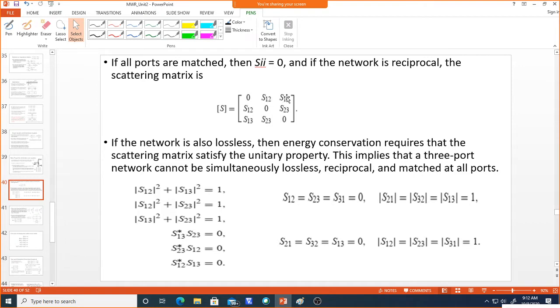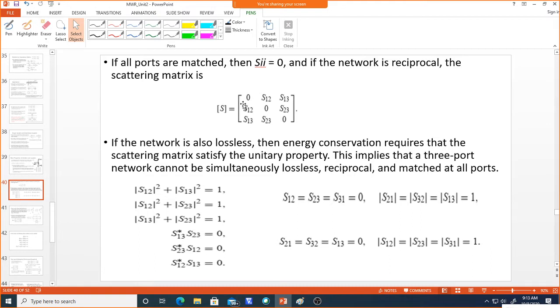If you multiply the third and second column, S12 star into S13 should be equal to 0, and all others will be 0, since 0 into this is 0, and 0 into S23 is 0. Similarly, if you multiply the first and second column, you get S13 complex conjugate into S23, equal to 0.